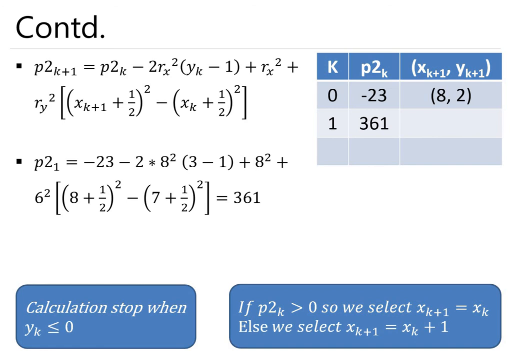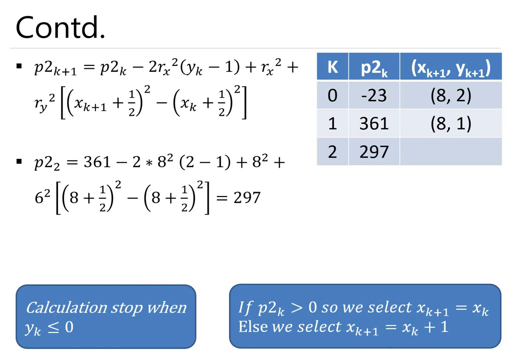Now it is positive. So when it is positive, xk will remain the same, 8 to 8. But in this case, the value of y will change no matter what, from 2 to 1. Now we get another positive value. After this, the calculation will stop because the yk value will be less than or equal to 0, because it will have to decrease from 1 to 0.